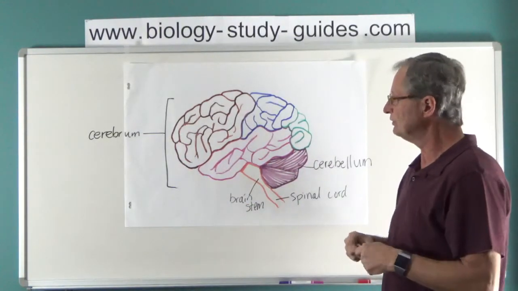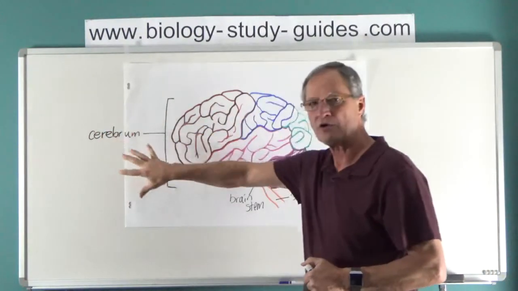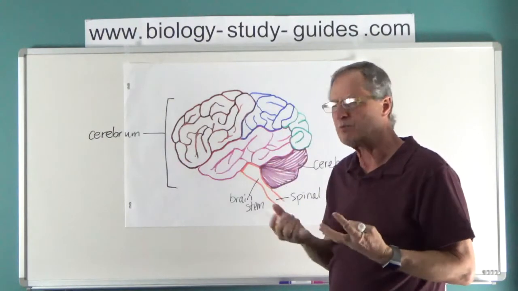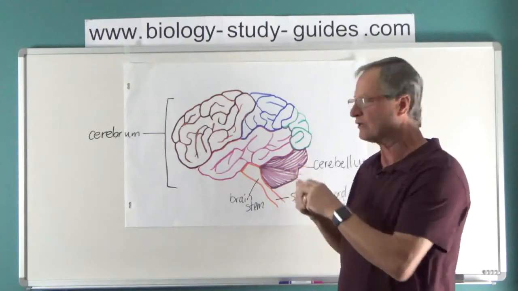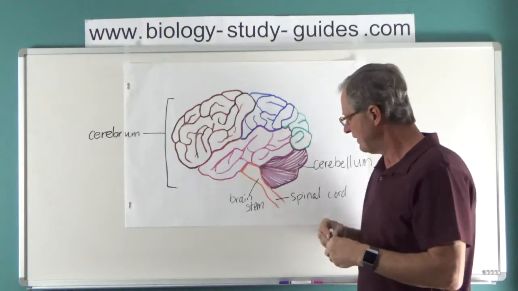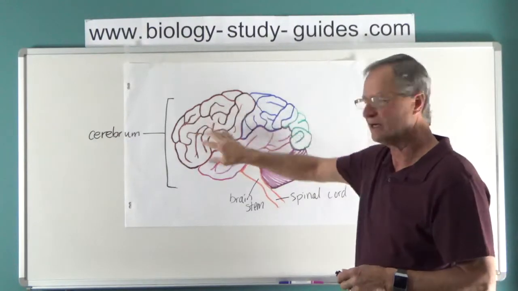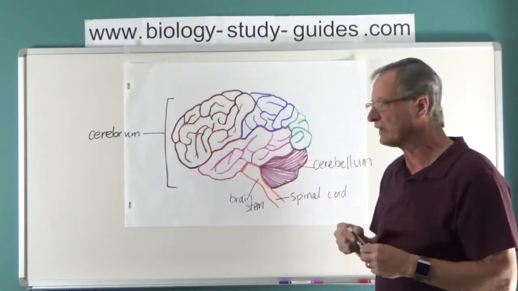Looking at the cerebrum, this is the area where all of the thought processes, integrated thought, and connections are made with stimuli that come in from the outside into the central nervous system. Messages may come up the spinal cord and be sorted into the correct area here, or they may come in from a cranial nerve and get sorted into the correct area.